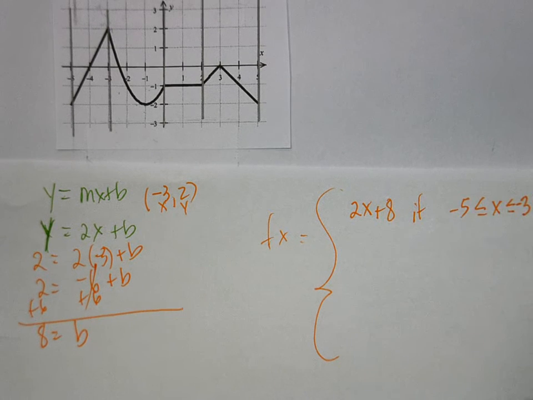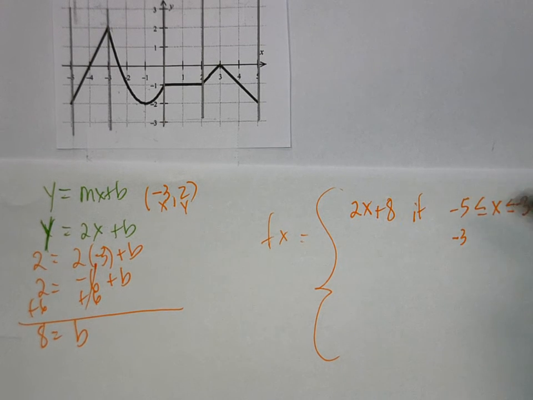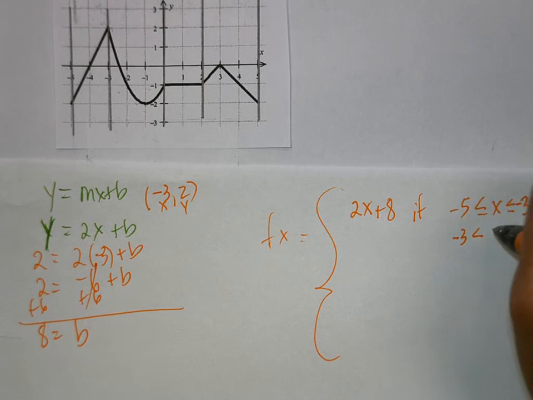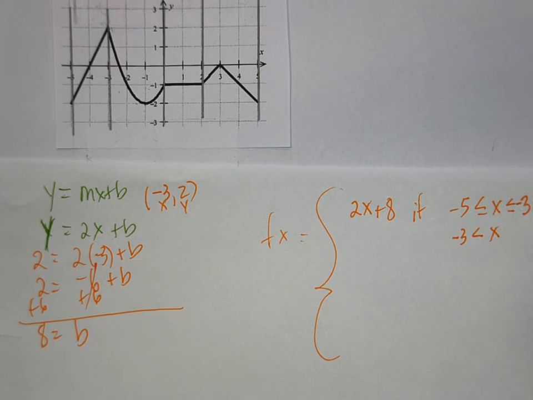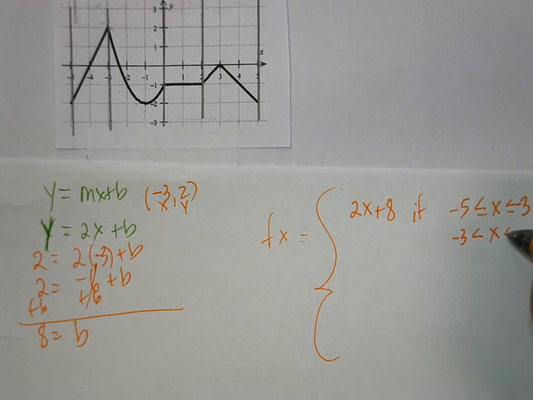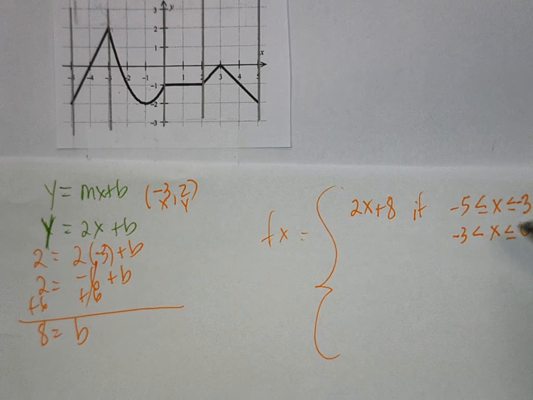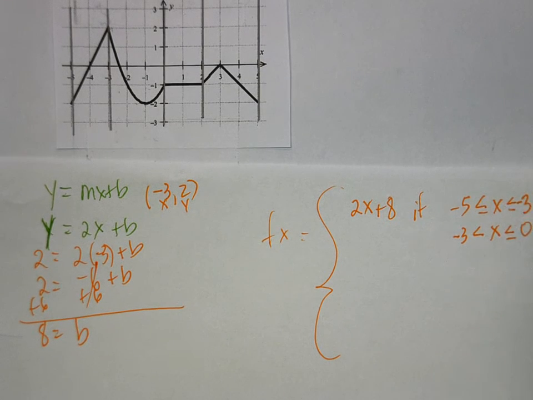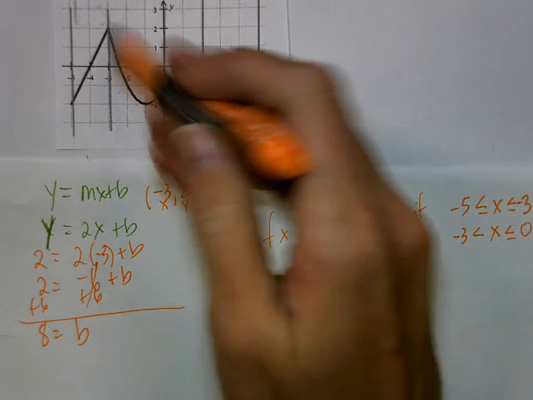On my next one, be careful because since I used equals here, I can't use an equal on that -3. And this is going to be less than or equal to 0. Just make sure that whenever you have two matching numbers, only one of them has an equal sign and one of them doesn't. Okay? All right, so do the next part.